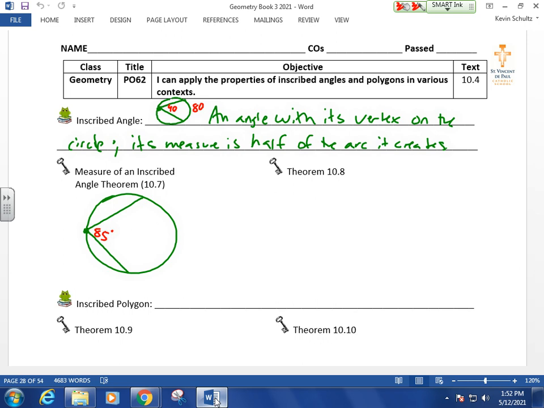I kind of switched it up on you. Yeah, it's going to be 170, okay? The measure of the angle is half the measure of the arc. So if you're given the arc, you divide by 2 to get the angle. If you're given the angle, you would double it to get the arc, right? But that's the relationship there.